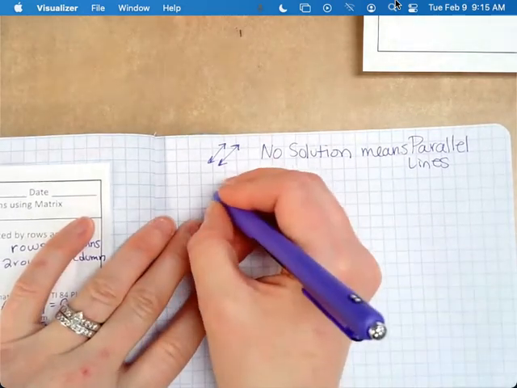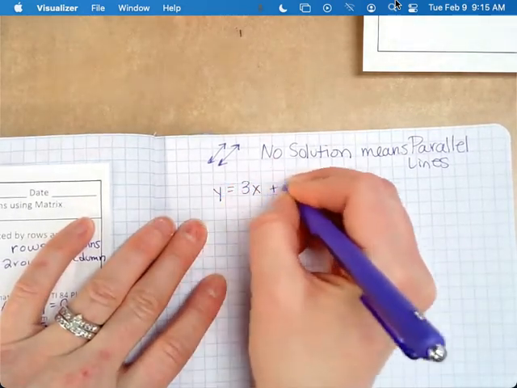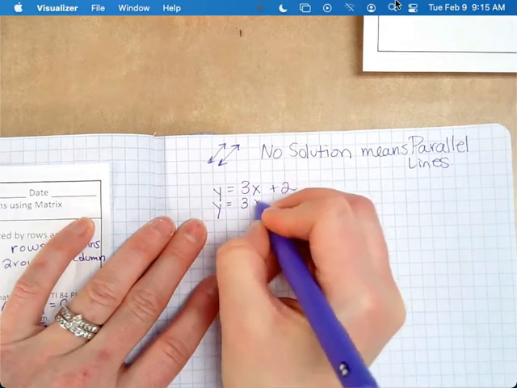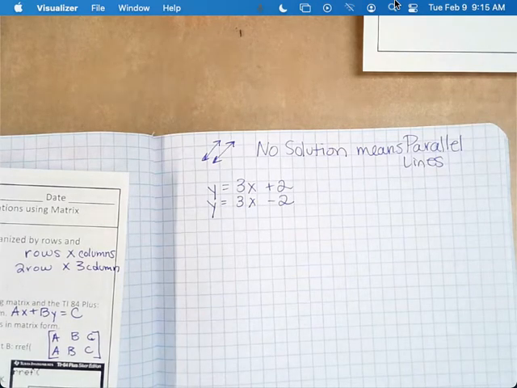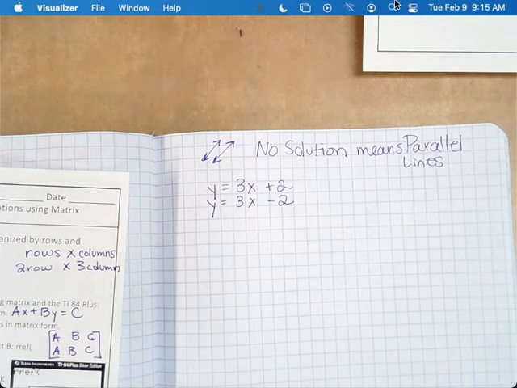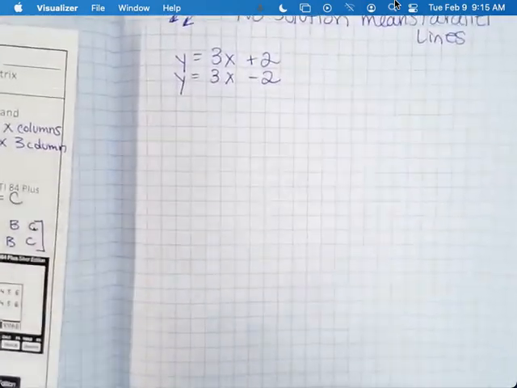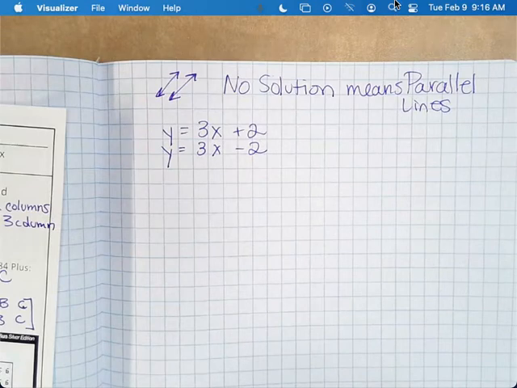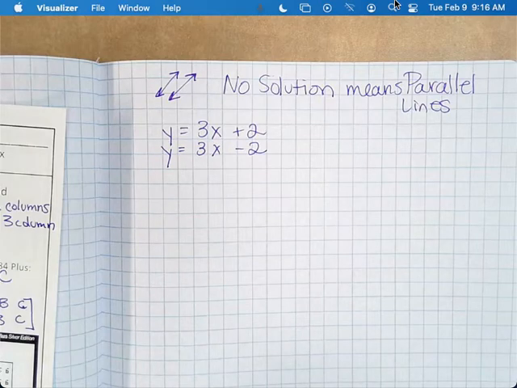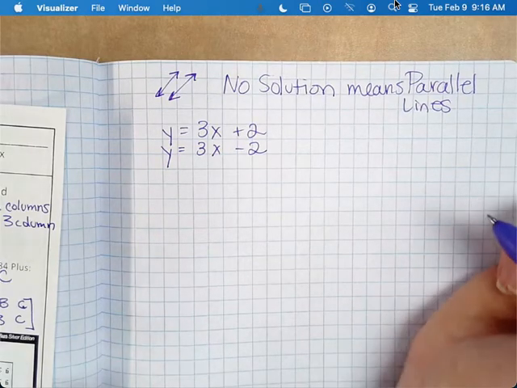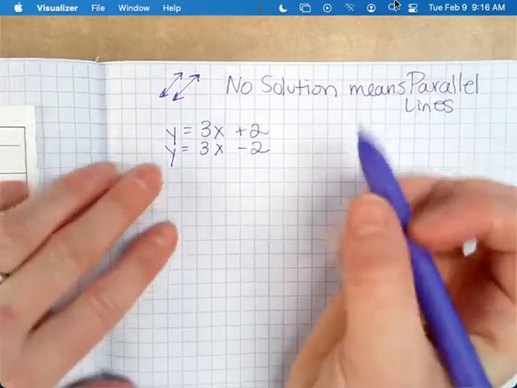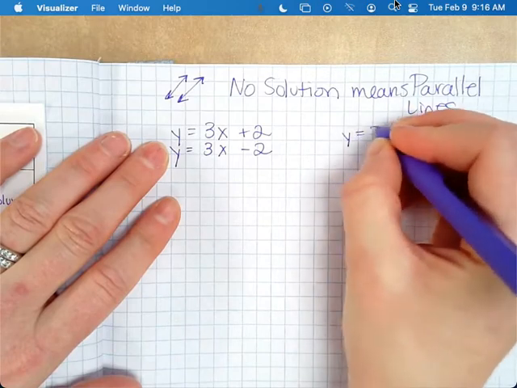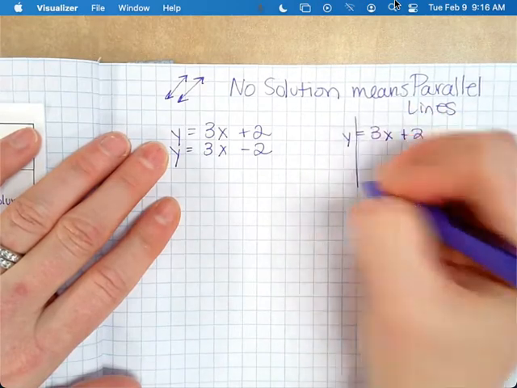I'm going to give you a problem. Okay, so we need to solve each one of these to get them in standard form, not solve them, but put the x on the other side.